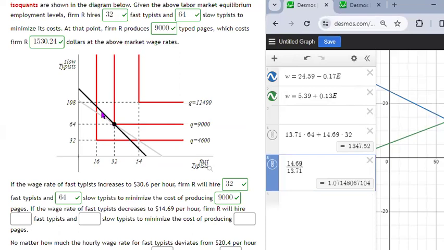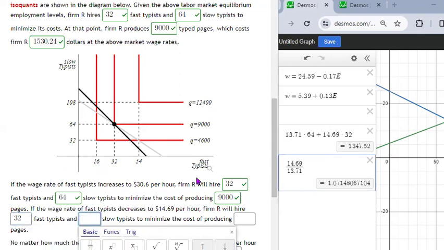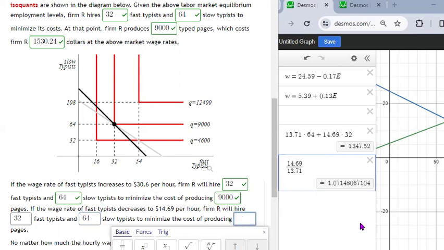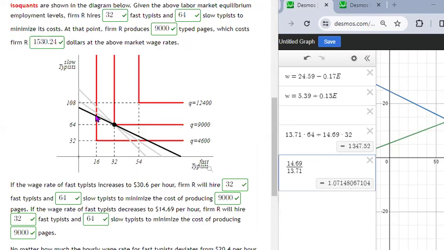So this black line is going to come down below this gray line. It's going to rotate through this black dot in the opposite direction. So the firm will still hire the 32 fast typists and the 64 slow typists to minimize the cost of producing the 9,000 pages, right? It got flatter because the slope is 1 now, right?